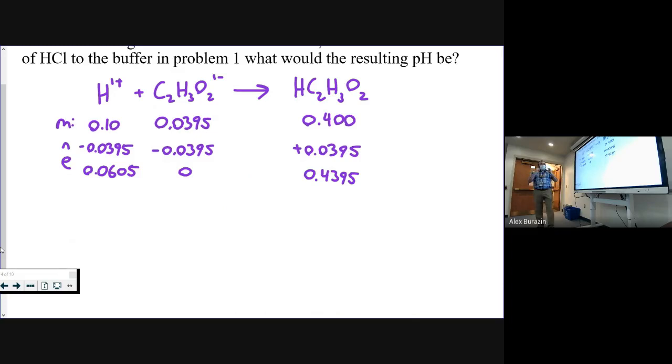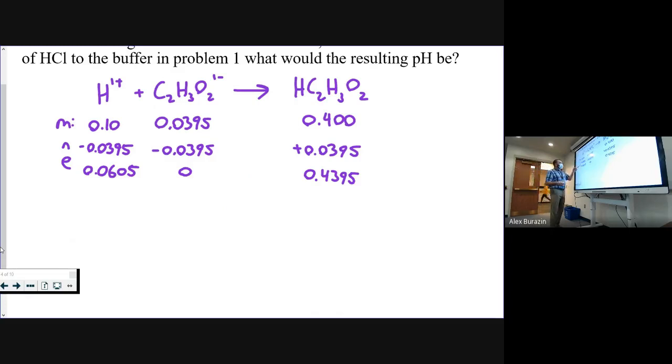I want to solve for the pH of this stuff. How do I solve for the pH if I have strong acid and weak acid at the same time? Use the strong. Now, in reality, the weak acid, in theory, is going to supply some H1+. But for our class, for our purposes, we're not really ever going to acknowledge it. If you have some strong substance, let's just focus in on that.